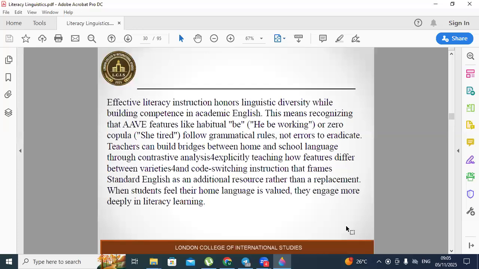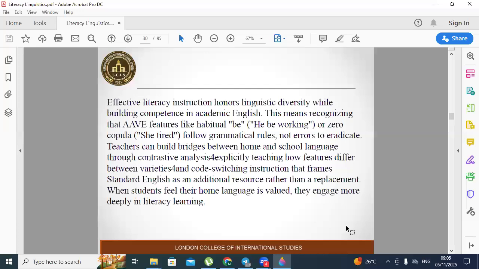Code-switching instruction explicitly teaches when and where different varieties are expected. Students learn that formal writing typically requires standard English, but informal communication might appropriately use home dialect. Job interviews might call for standard English, but community gatherings might use the home variety.